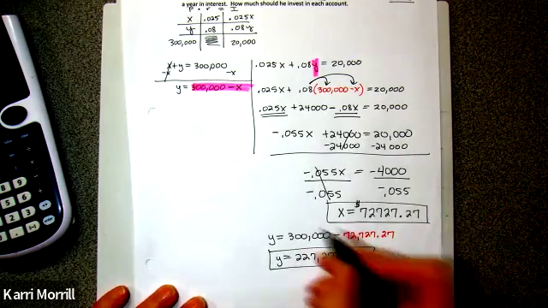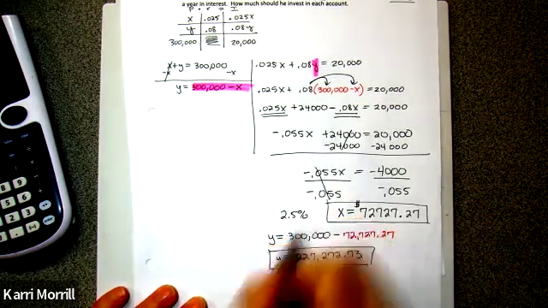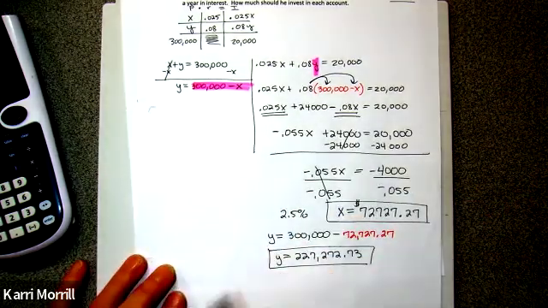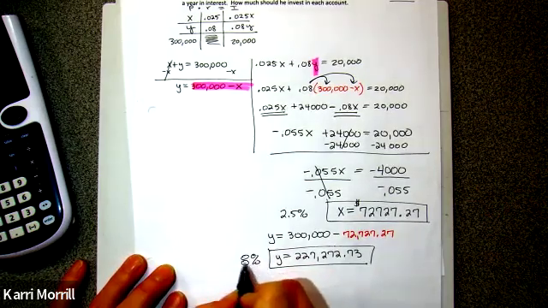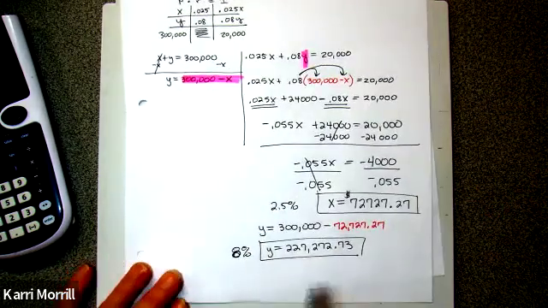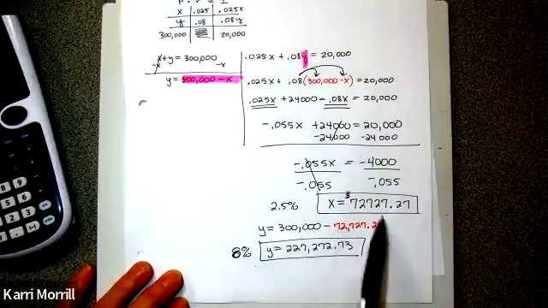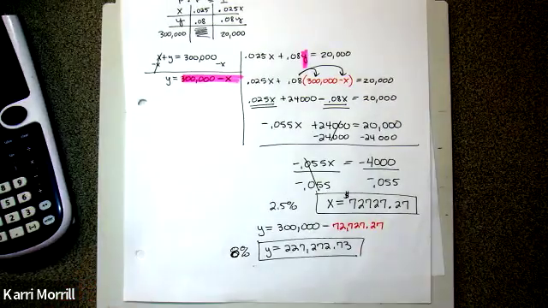So my X account was the safer 2.5% account, and my Y account was the 8% account. So it's always good to just identify. I mean, they're putting a lot more money in that riskier account than in that safe one. And that just shows you how the higher the interest rate, the more money you'll generate, right?